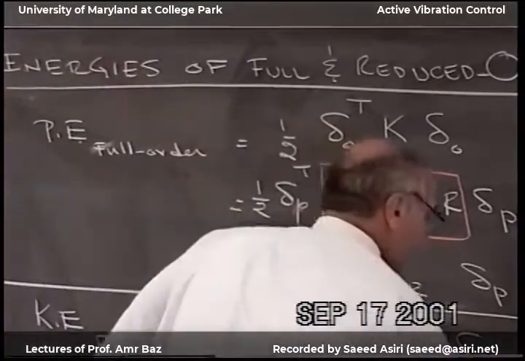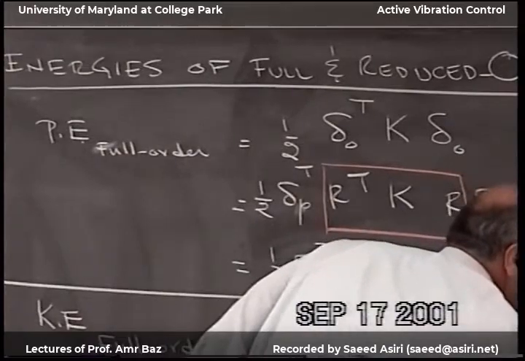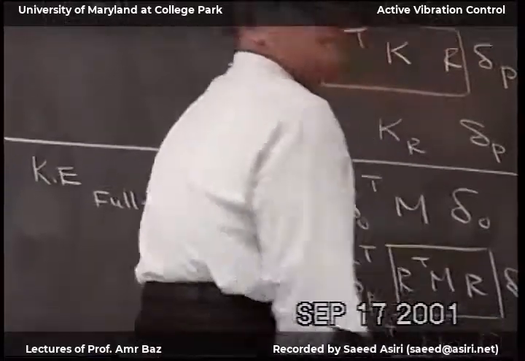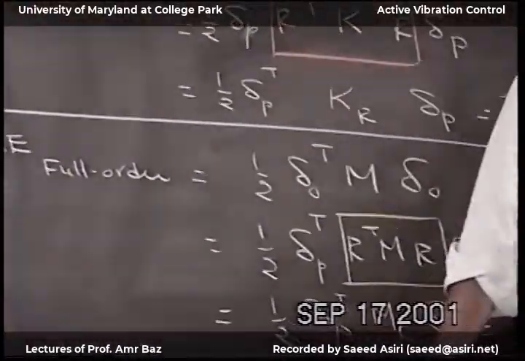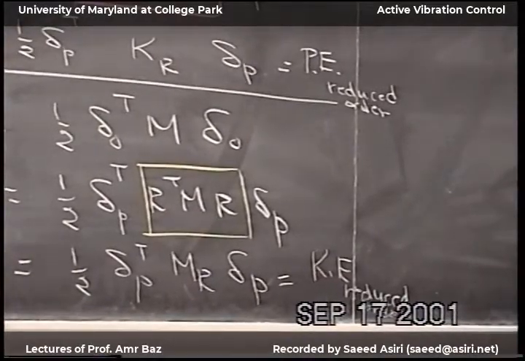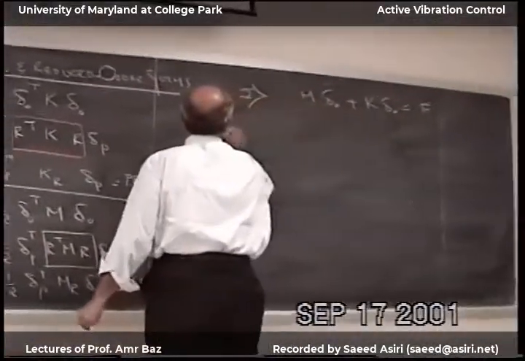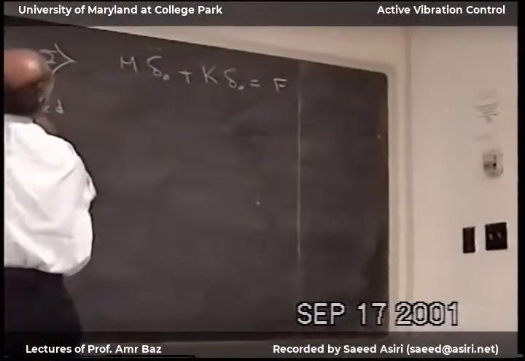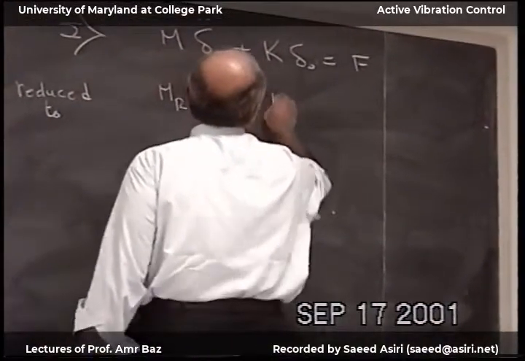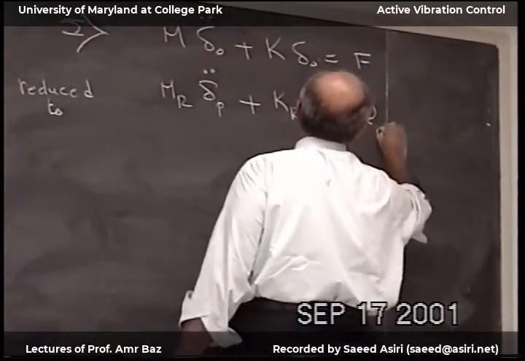So this will be, again, the kinetic energy of the reduced order. Now my system, which was originally M delta 0 double dot plus K delta 0 equal to F, reduces to M reduced delta P double dot plus K reduced delta P equal to Q P.